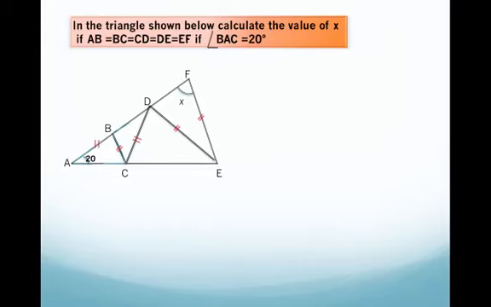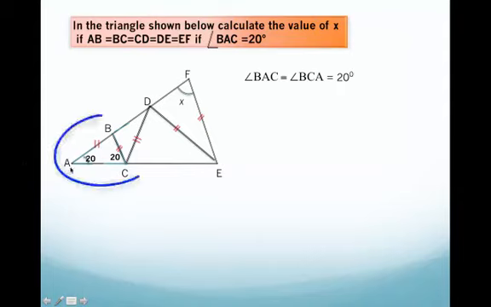First and foremost, if you look at triangle ABC, AB and BC are equal. Therefore, angle BAC must be equal to angle BCA. So, angle BAC must be equal to angle BCA, that is equal to 20 degrees. So, we have angle BCA marked out there as 20 degrees.